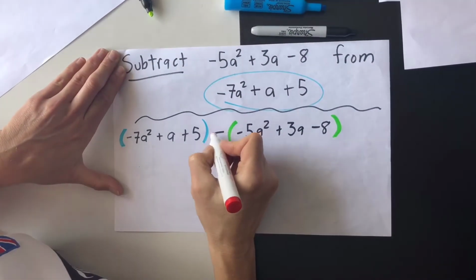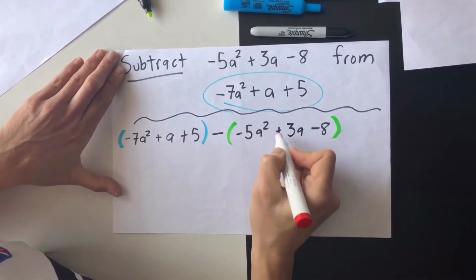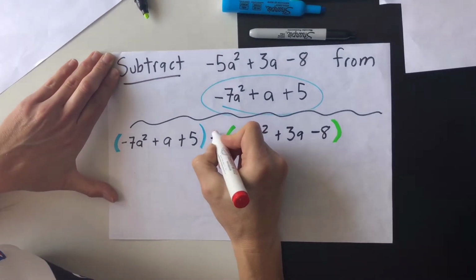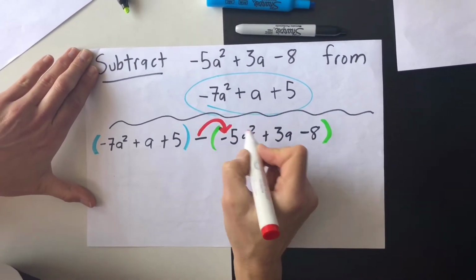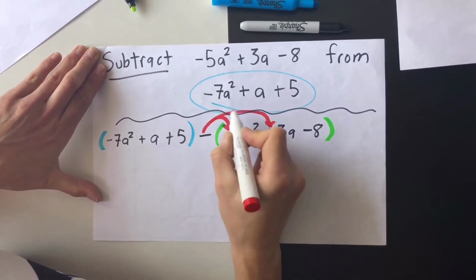Remember that this subtraction sign is going to be applied to each of the terms in the second phrase. So the subtraction sign will make each of these symbols become the opposite of what they are.